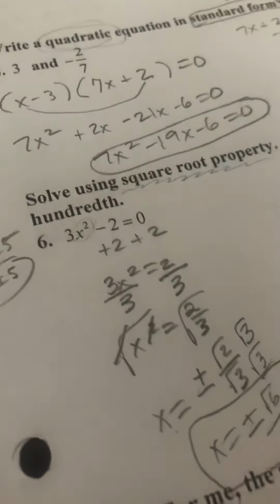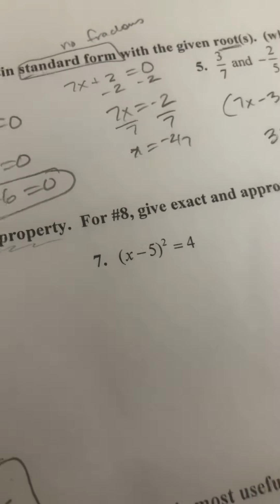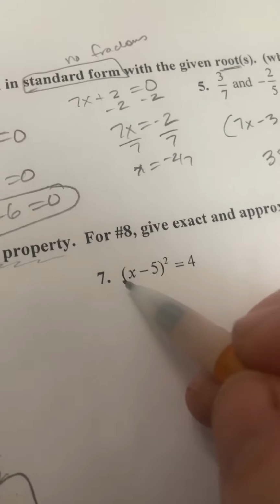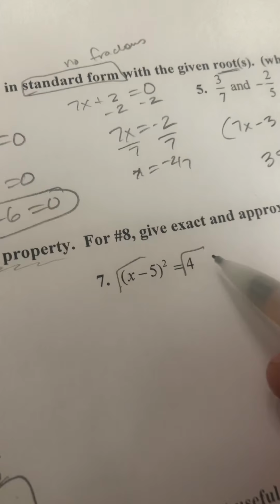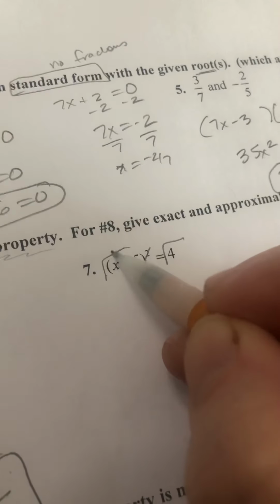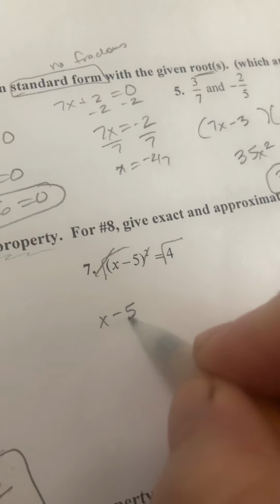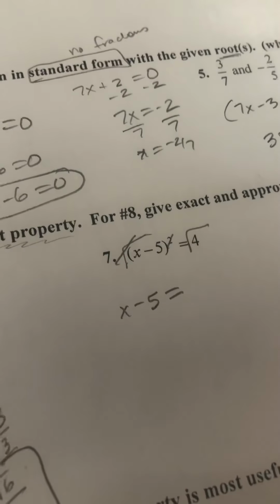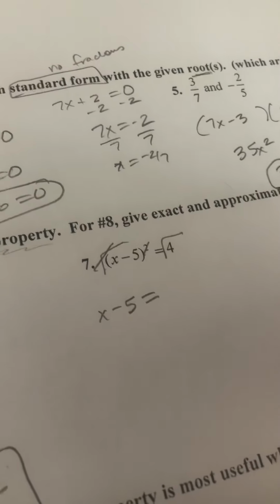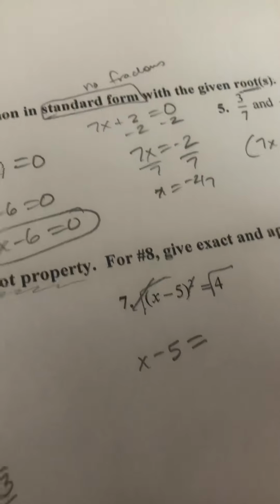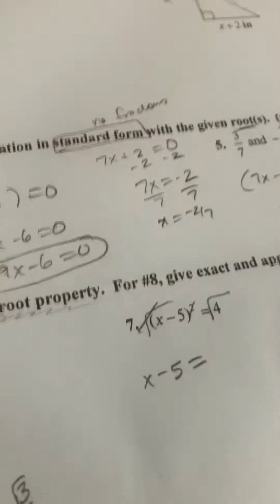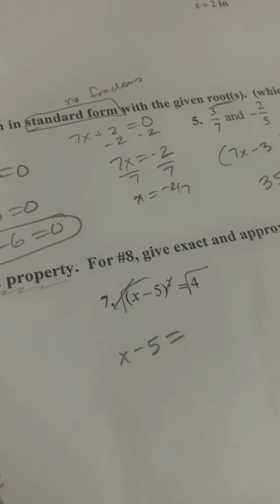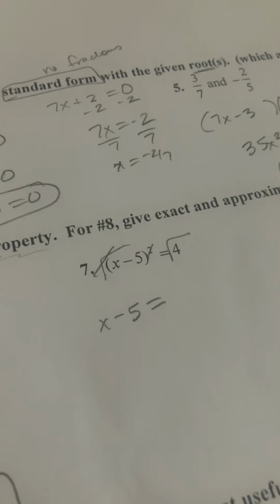All right, let's try that again. Now this one says something squared, so I'm just going to take the square root of both sides. The square and the square root cancel each other out, on the left side just giving me x minus 5. If I squared something and got 4, that something could have been 2, but it could also have been negative 2.